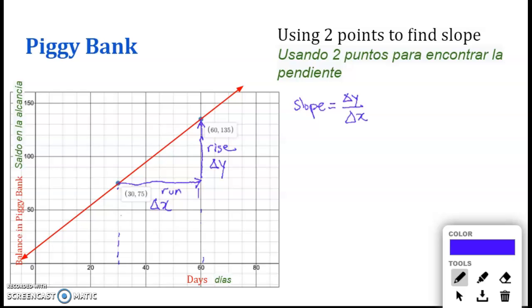To figure out how much has changed, we can use these points because we know that the first number in the coordinate is always the x value and the second is always the y value. So to figure out how much the y is changing, you're looking at 75 and 135.